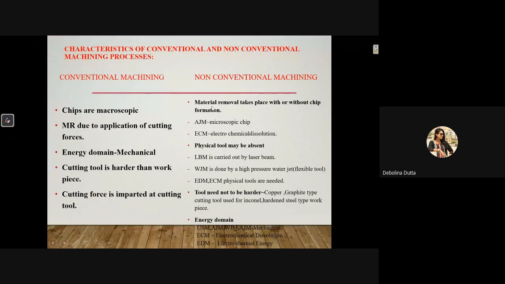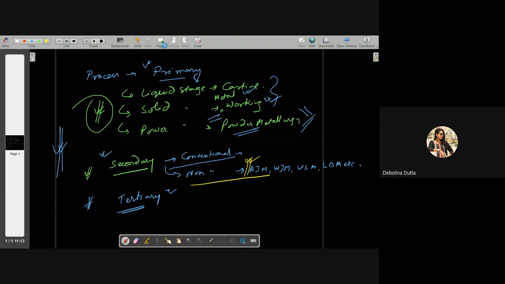So in the non-conventional machining process it is not necessary that in every machining process a chip will form, whereas in conventional machining you cannot show me any process where chips will not form. I think we know what a chip is, right? I think I don't need to explain what chips are, but still, let me show you.